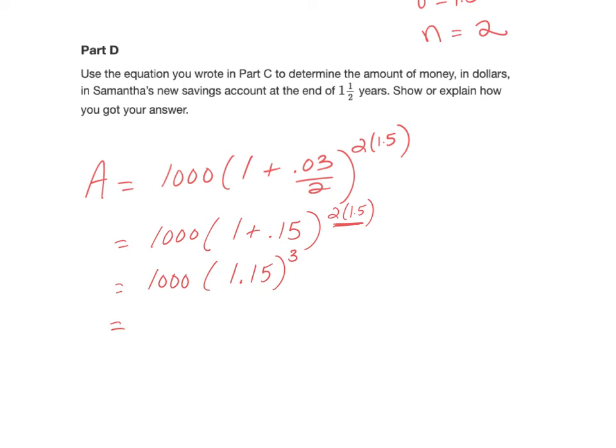Now, if you have a calculator that allows you to just raise it to the third power, you can just raise it to the third power and hit enter. Or that would be the same as saying 1.015 times 1.015 times 1.015, so it's 1.015 times itself 3 times. Either way, you get the same answer, which is going to give me, in my parentheses, 1.52.